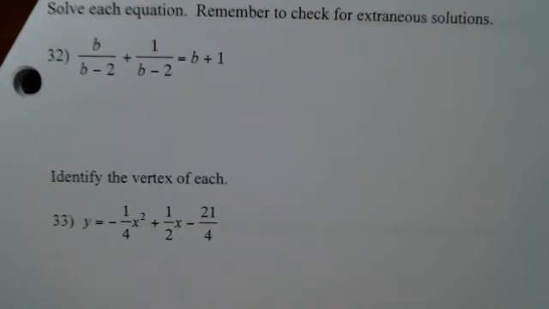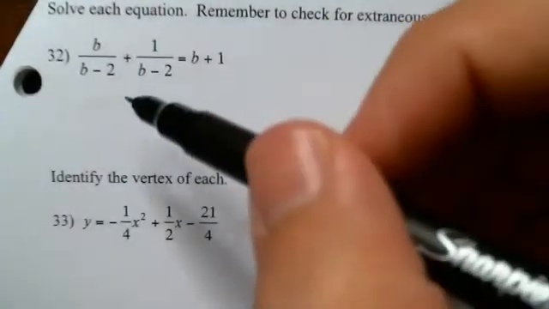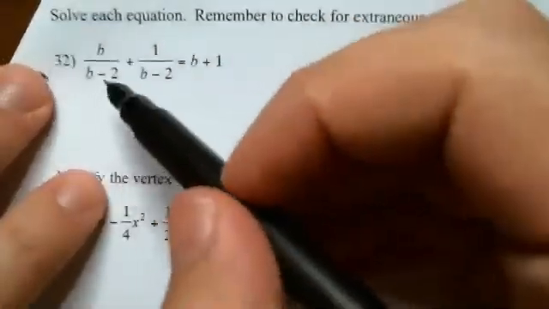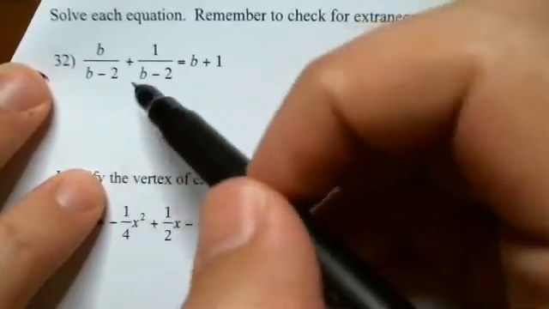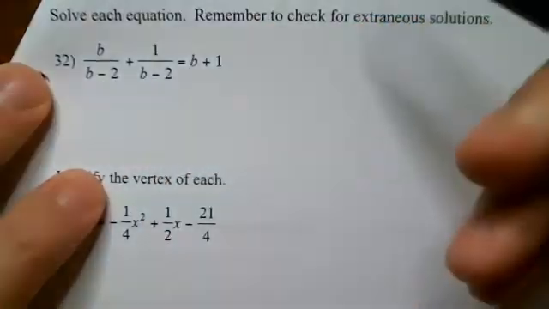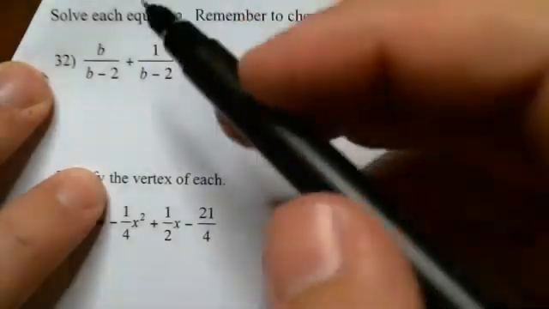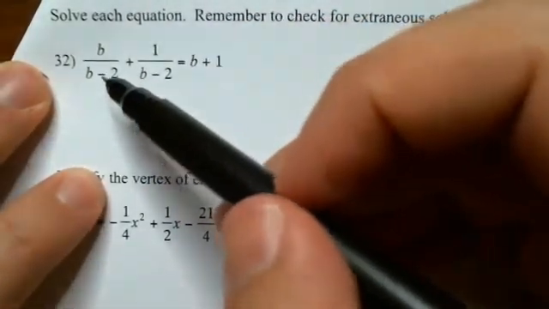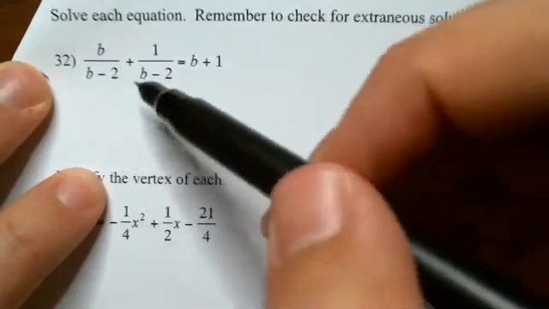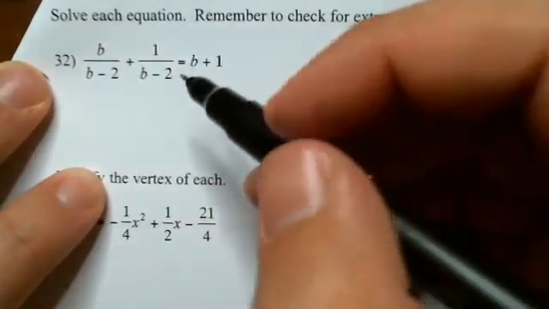32, okay. So anytime you're solving equations with denominators, what are you going to have to do? What do you want to do, really? You want them to be the same? Want them to be the same, yeah. I mean, which in this case, they are the same, right? But what else?